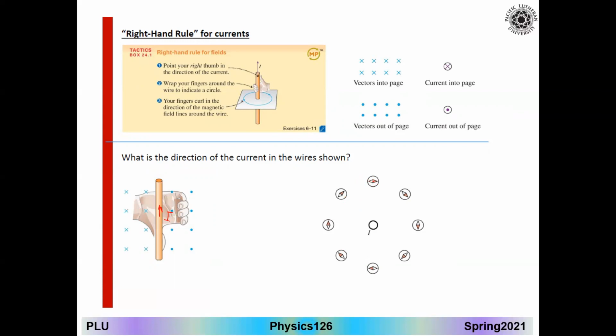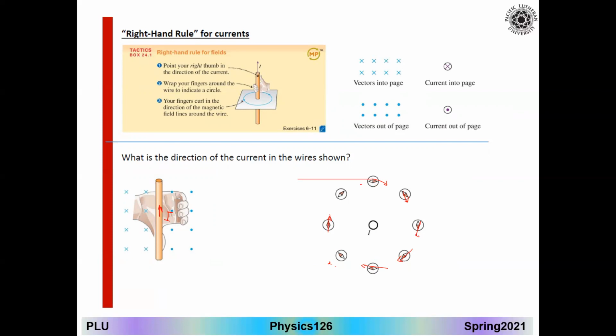Let's look at another example, where we have the compass, and we mentioned last time how to find the direction of the magnetic field based on the compass. In this case we know the direction of the magnetic field, and based on that, we need to find the current. Where is the direction of the current in that case, based on the magnetic field direction?